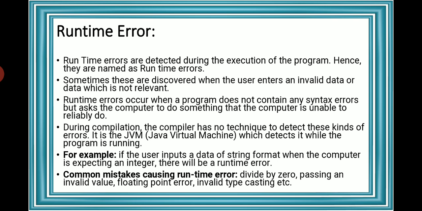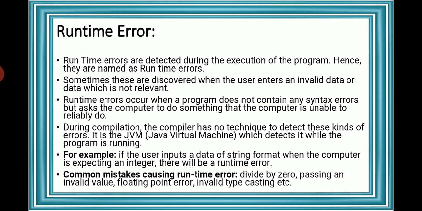Suppose the user has been asked to enter a string, and when the program is being executed you enter a number in place of a string. That is a runtime error. It is not identified at compile time, because during compile time the program was okay, but when you executed it, you did something wrong which was unexpected, so the error comes, and that is called a runtime error.